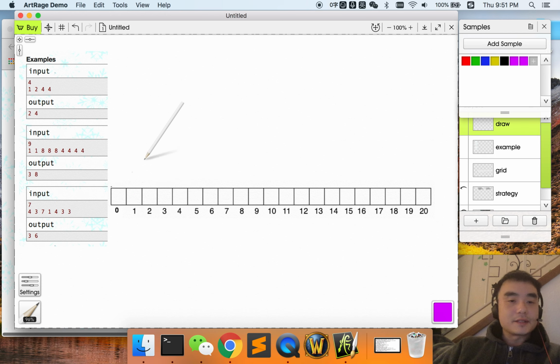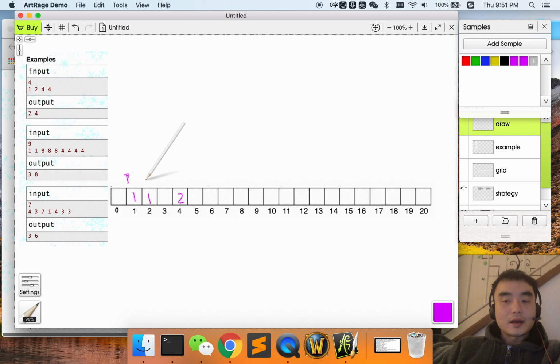So how do we solve this problem? First, we can count how many people are in each house, right? Then we can use a pointer and move it from left to right, from the leftmost house to the rightmost house, right? For each house, we can find the best strategy to move the people inside that house.